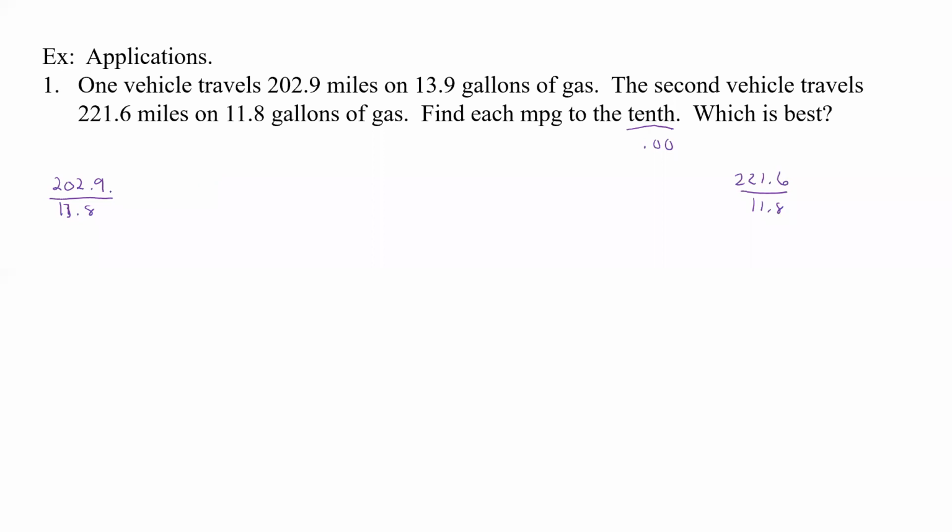And so that's, again, miles, and that's gallons, and this is miles, and this is gallons. So we want to get unit rates where we have one here and one here, so we have to divide. And remember, when we divide by decimals, we have to move our decimal so we have whole numbers in the denominator. And so when we do that, that's going to be what we end up with.